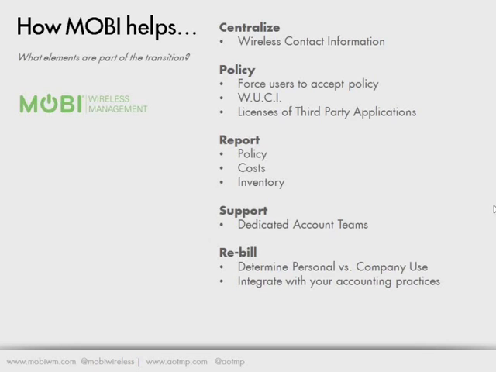One of the other things, somebody asked, teed up in our last slide here, what's available to help. And whether you look at MOBI or another company, I think being able to centralize all that wireless contact information, centralize procurement and billing, and having a consistent system for tracking inventory and billing, and being able to tie it all together, is important.